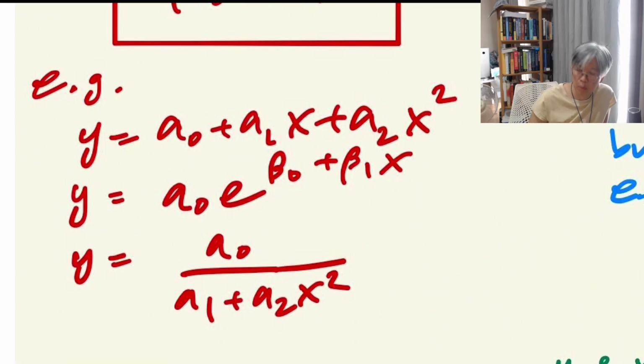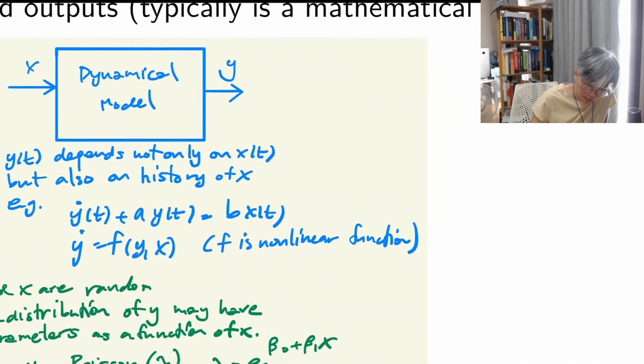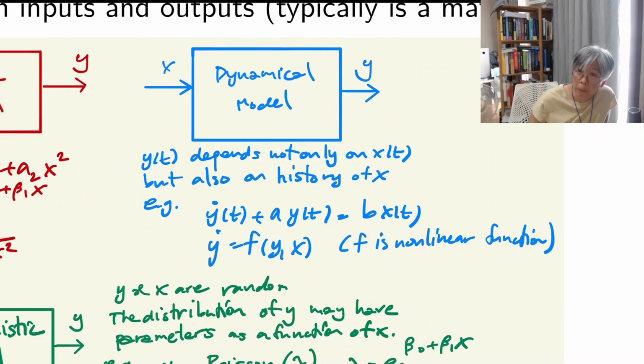This is a static model. On the other hand, a dynamical model means that your signal y has temporal dynamics. The value of y at time t not only depends on the current value of x, but also the history of x.